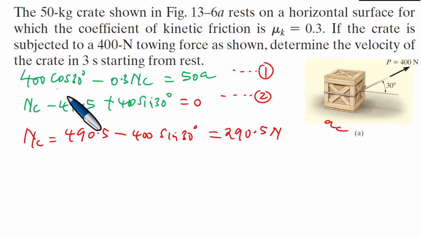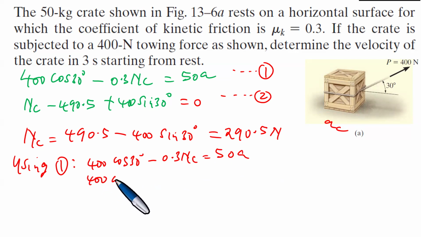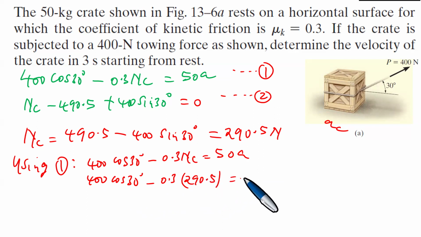And we therefore are able to get, using 400 cosine 30 minus 0.3 NC is 50 times the acceleration: 400 cosine 30 minus 0.3 NC, which is 290.5, is equal to 50A. Okay, let's get the answer here.